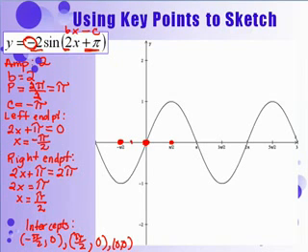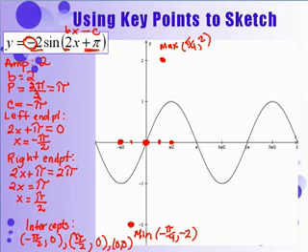So halfway between here, which is pi fourths, we have a minimum with coordinates negative pi fourths, negative 2. Okay, then let's go halfway between center and right. And there we're going to have a maximum, and that's at positive pi fourths, 2.